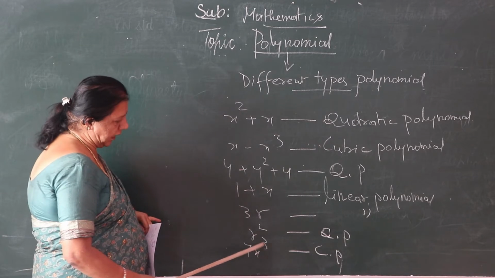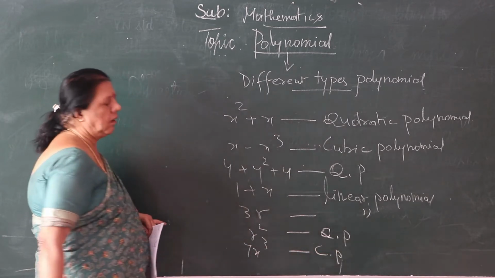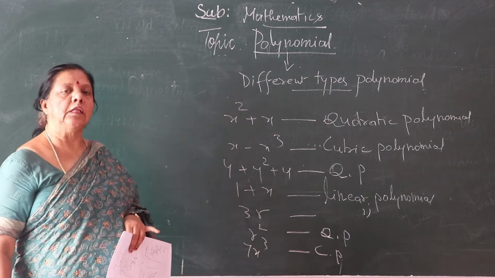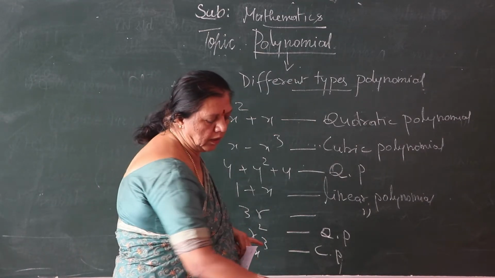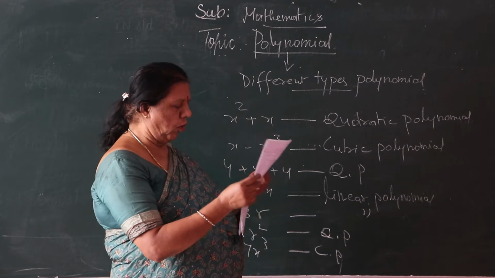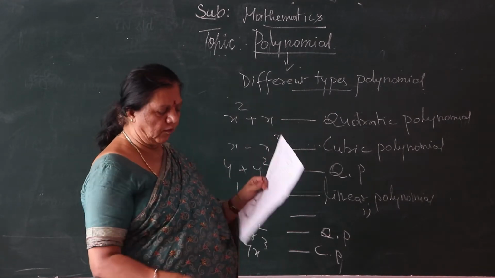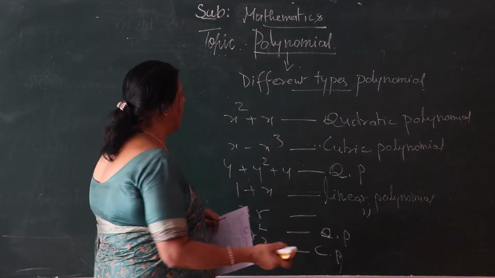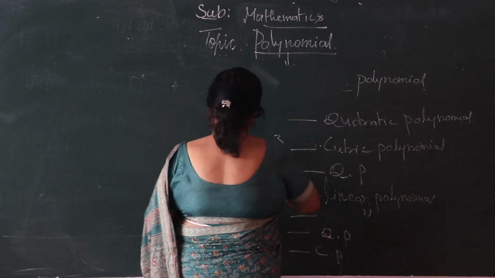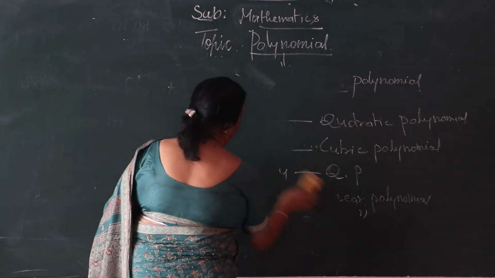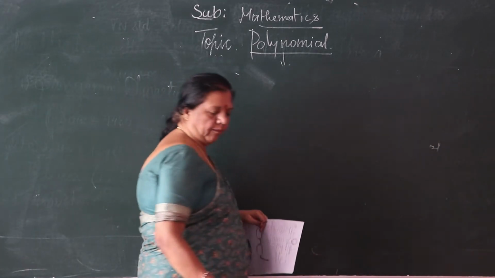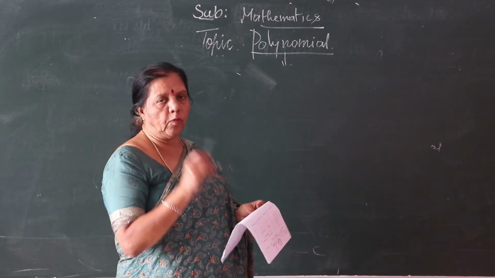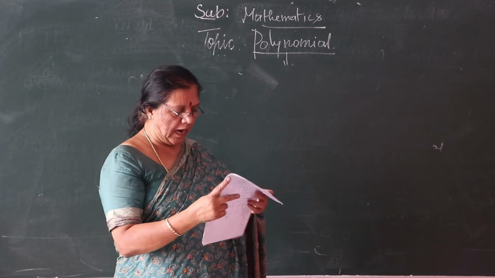This power is 3, that is a cubic polynomial. This is given in your textbook. All of you go through it. Further, we will go on to find the values of each of the following. Another way I have given in your textbook under 4.1. Let us see how to find out, how to simplify. All of you open the textbook and see.